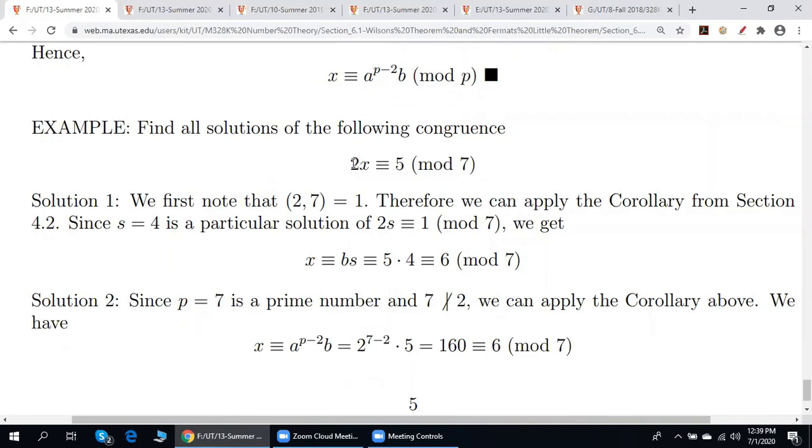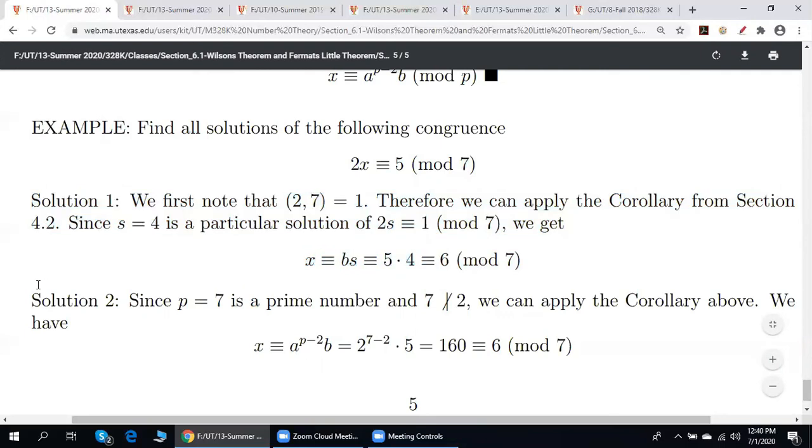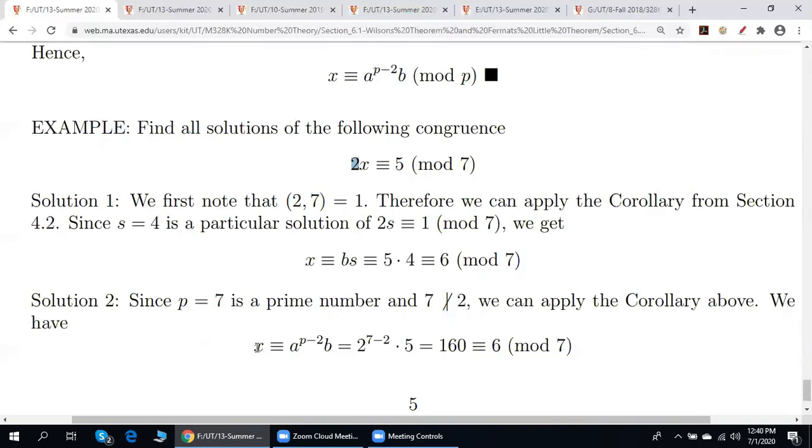Here's an application. Find all solutions of this congruence. There are two solutions here. Solution number 1 is from section 4.2. But please take a look at solution number 2. Since p is a prime number, and since p does not divide 2, we can apply the corollary above. By the corollary above, x is congruent to a to p minus 2 times b.